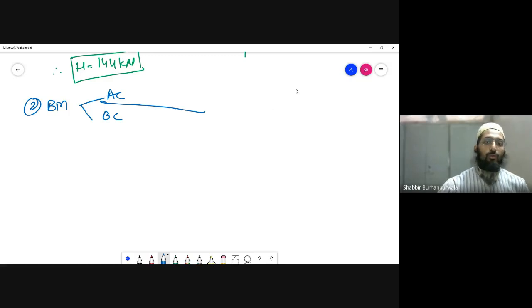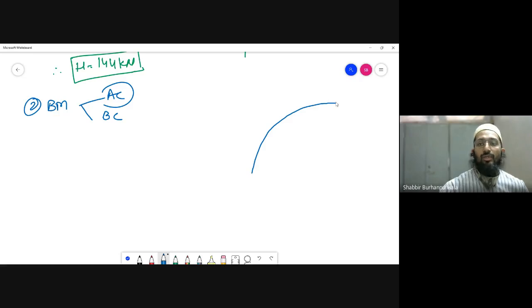So for AC, now let us make the diagram. Let us make the section for AC. Suppose this is your parabola, this is point C, this is point A, this is your VA, which is equal to 180 kilonewton. This is your horizontal thrust of 144 kilonewton.